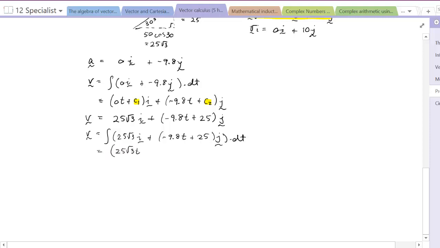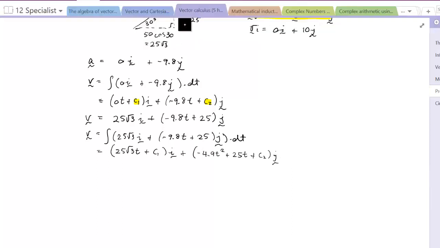25 root 3t plus c1 in the i direction, and the c1 will be the initial displacement. Add 1 to the power divided by the power, so we get negative 4.9t squared plus 25t plus c2 in the j direction. And again, we can make these links here.